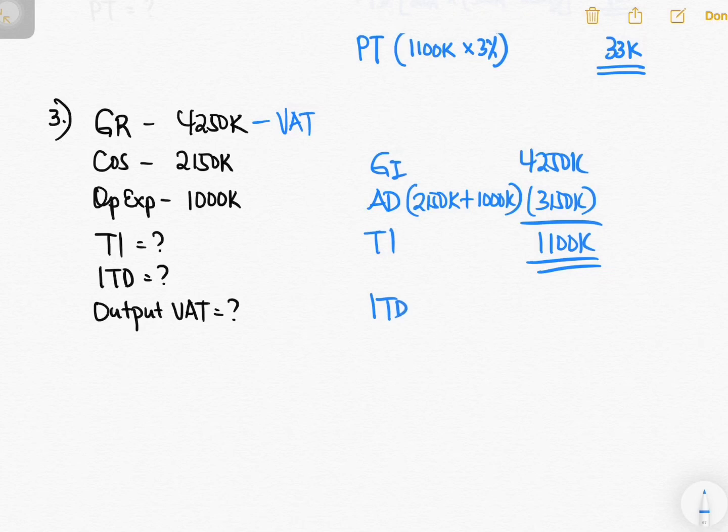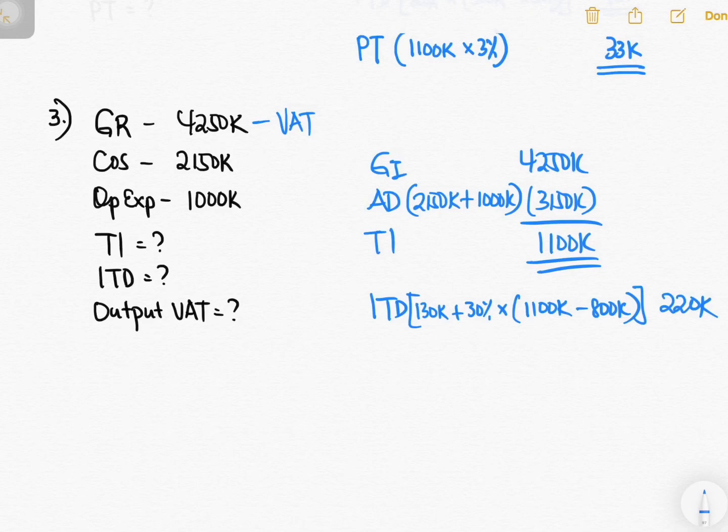Income tax due, start with 130k plus the 30% of the excess of your amount over 800k. So inside you have 300 times 30%, 90k plus 130k, that's 220k.